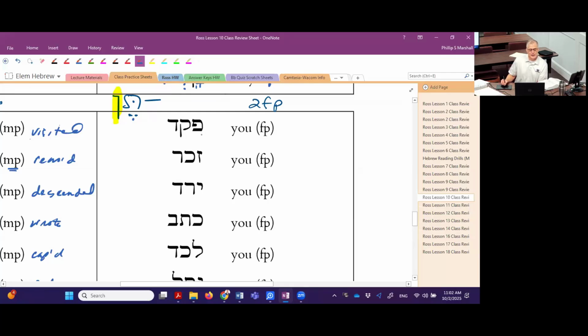Okay, so we're going to do everything we just did. Pakad with long A, short A, silent Shva. But when we add ten, the heavy consonantal ending causes a stress shift here, right? So that's now open and propretonic. So what does pakad ten become? Pekadten.